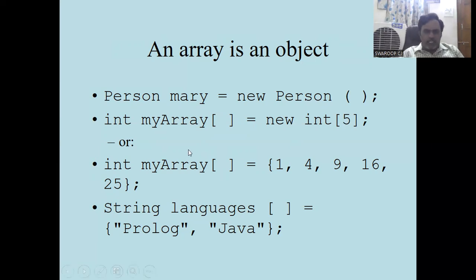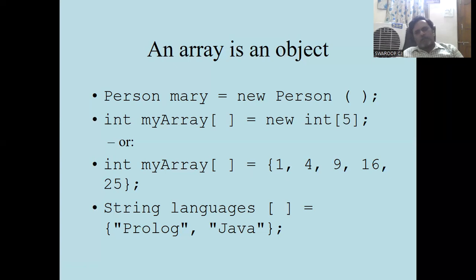In the second case, I have created one array and am giving the values. So what is the difference between the first and second? In the first case, I am not giving the values; I am telling how many values I want to store. In the second case, I'm not specifying the size, I'm directly giving the values.